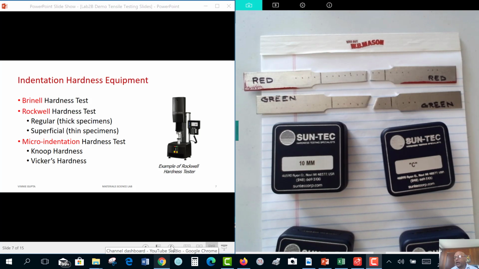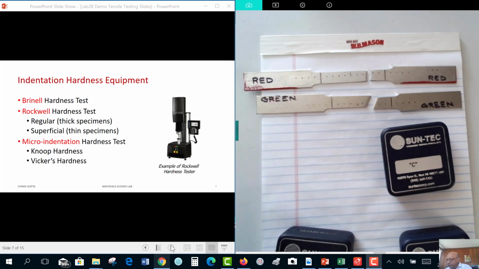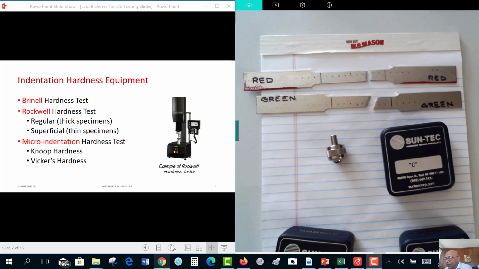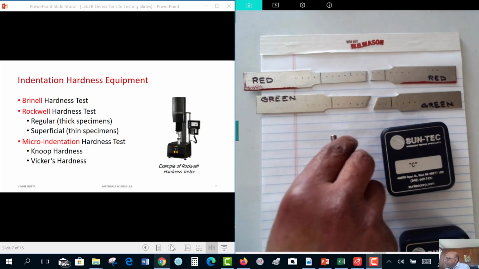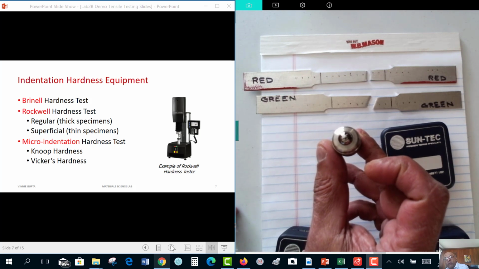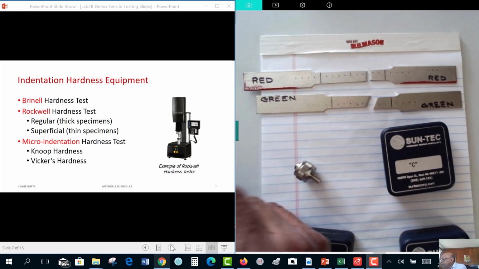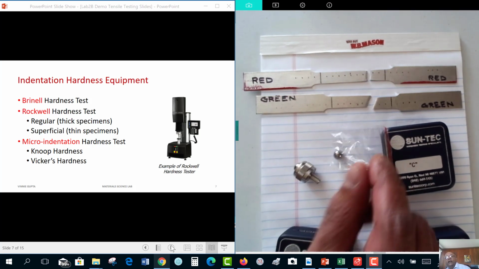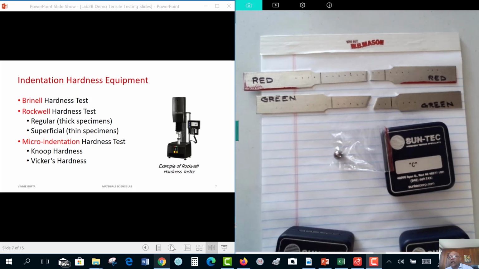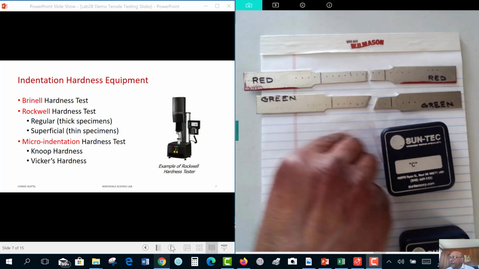Just to give you a sense of scale, remember we did Brinell testing, and this is what the indenter looked like. It holds a 10 millimeter diameter tungsten carbide ball. I have this replacement ball here, in case this gets deformed, so I can replace it.